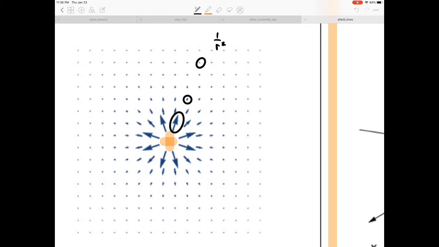The vectors that are drawn here are just drawn in sort of regular intervals, but the field exists everywhere. The field exists here, the field exists here, the field exists over here. This is just a way to represent the distortion that this positive point charge has created.